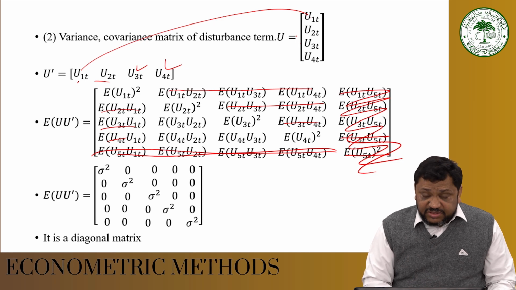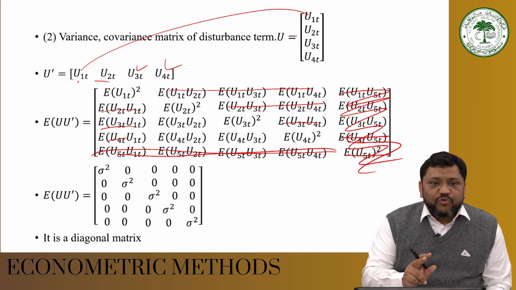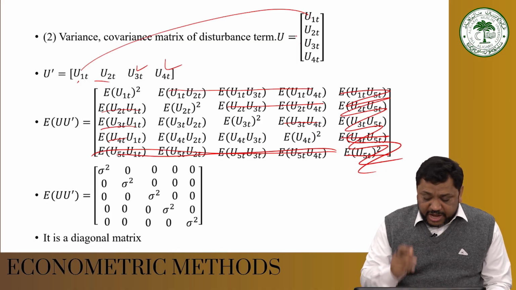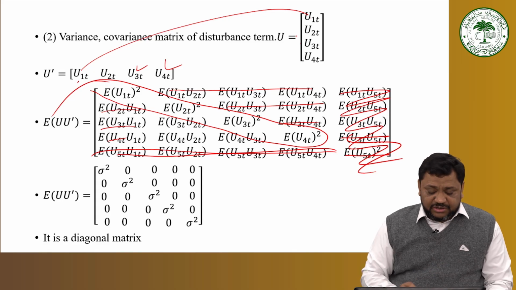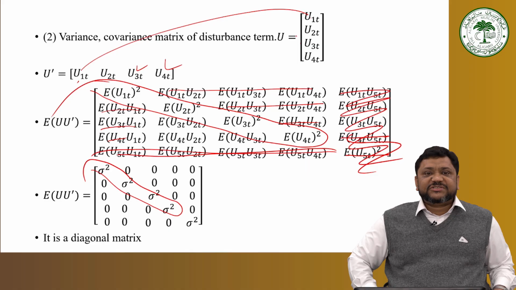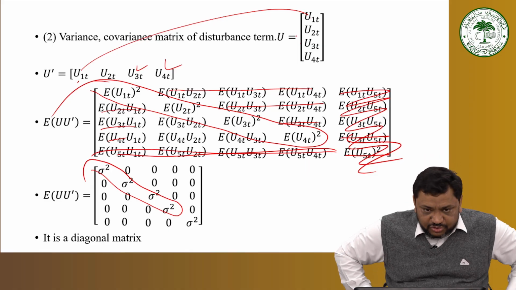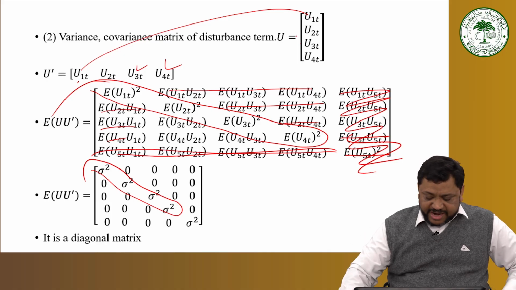What we are left with are the diagonal elements: U1t square, U2t square, U3t square. These diagonal elements are sigma square and the off-diagonal elements are 0. So we get a diagonal matrix.